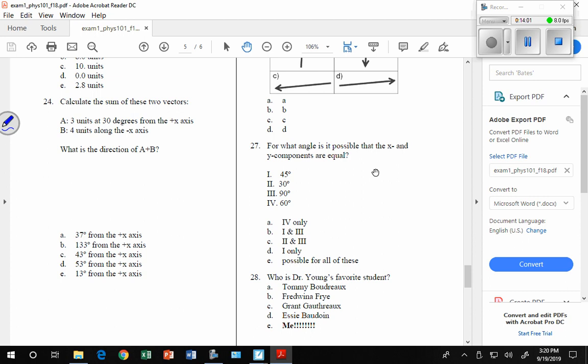The vector A is 3 units at 30 degrees from the positive x-axis, so it looks like that. This angle is 30 degrees, and the vector B is 4 units along the negative x-axis, so it's 4 like that. I like to redraw these with my x and y components all on the axis. So here I have a 4 unit vector.